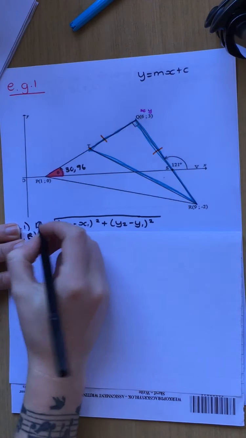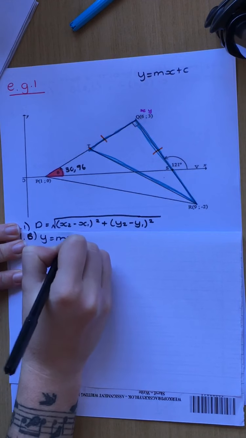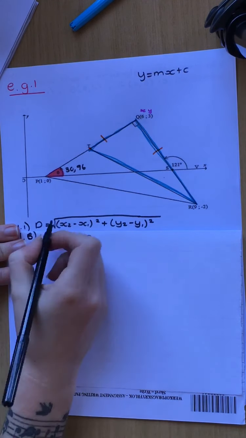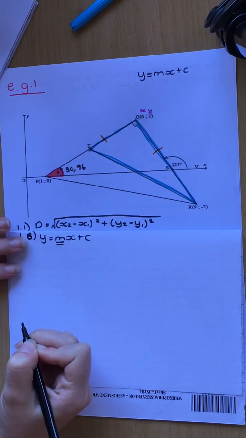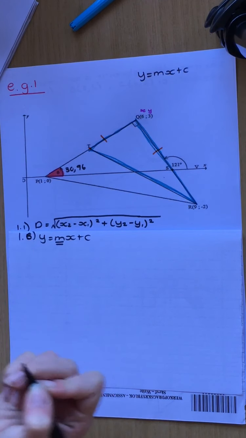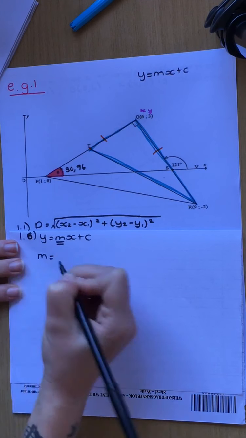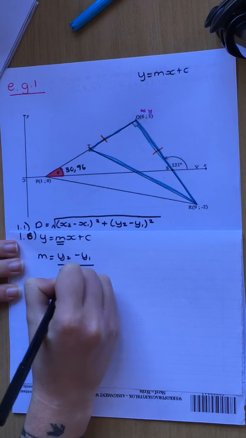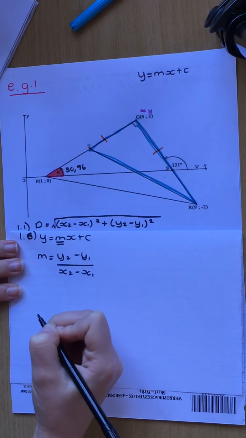So y equals mx plus c is the actual linear formula. Now remember, m means gradient. So I'm going to have to calculate gradient, but I have a formula for gradient, which is y2 minus y1 over x2 minus x1.